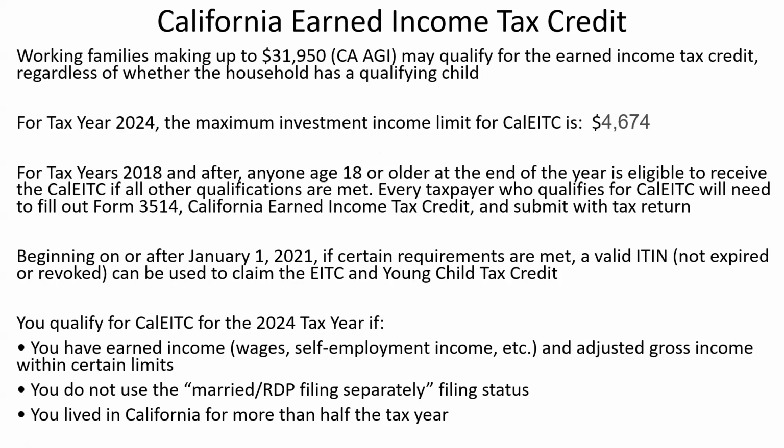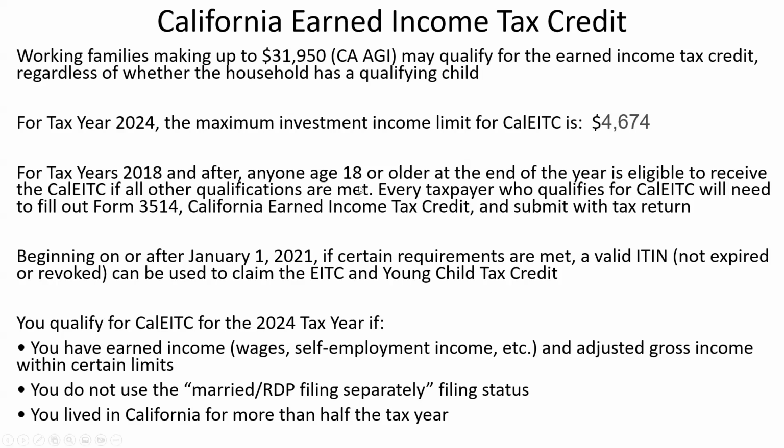But typically you don't see that because typically in the VITA program, individuals have very limited amounts of investment income. And so you're usually not going to bump up against that limit. But if you do bump up against that limit, that's when the EITC for California will not be allowed.